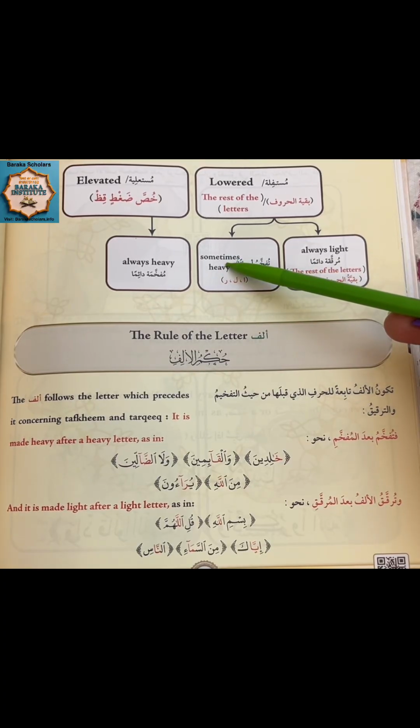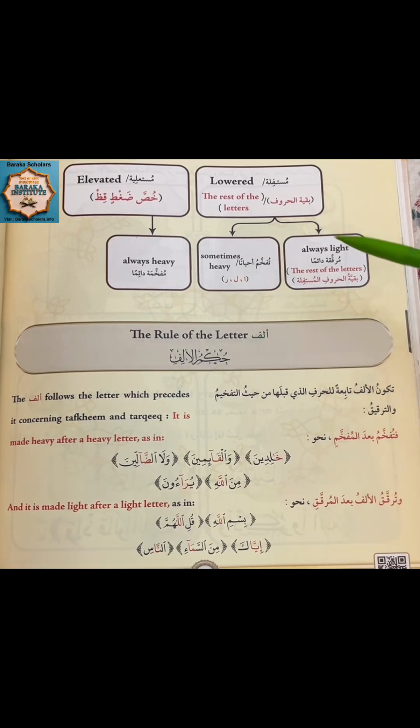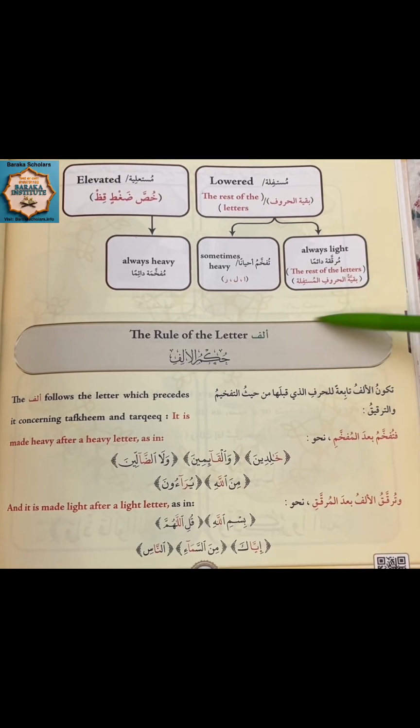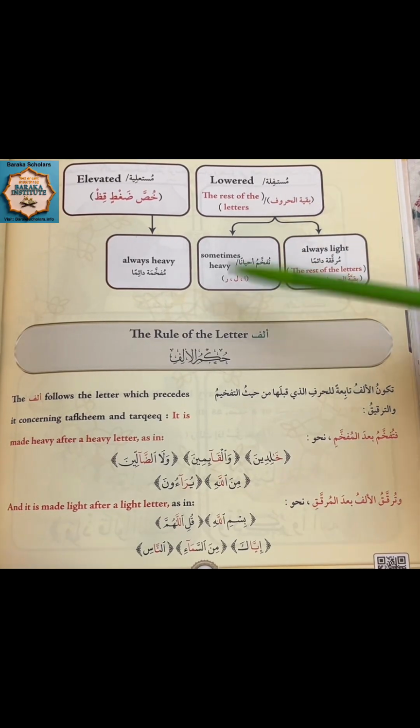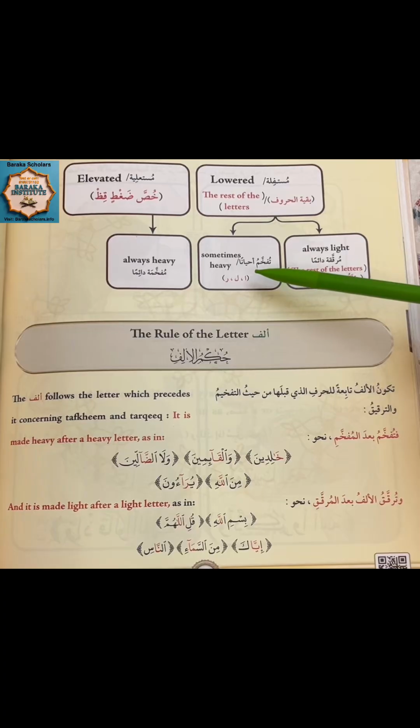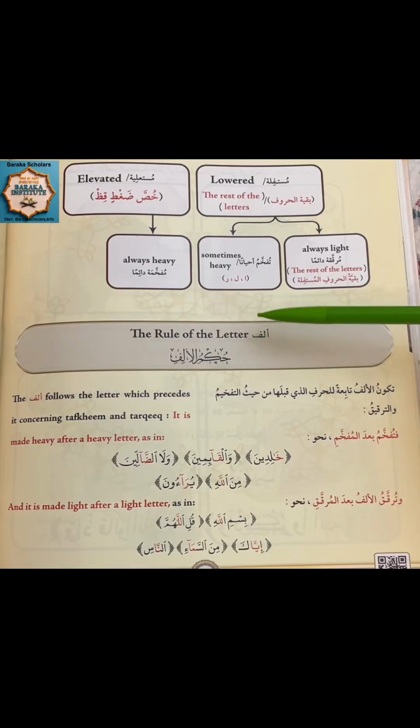Sometimes will be heavy, mufakhama. Sometimes will be light. And the rest of the letters are always light. For example, like fa, mim, noon. But we have alif, lam, and ra. Sometimes will be light and sometimes will be heavy in the Quran. And we will learn how, inshallah.